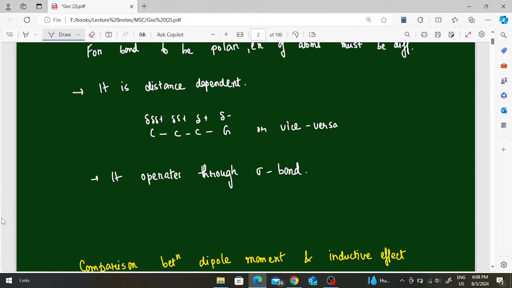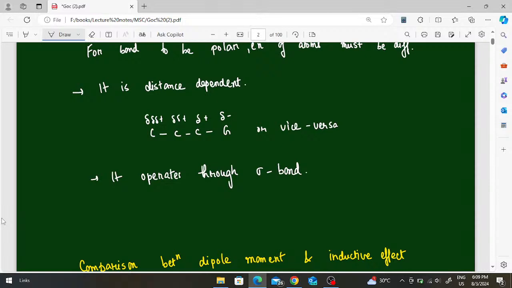Now inductive effect is distance dependent. That means if I have a group G, and it is electronegative, the attached carbon will have some delta positive charge, and this will be the highest of all, because the carbon next to it won't have that much effect on it as compared to the carbon just adjacent to the group G. So it will have a smaller delta delta positive charge, and the next one to it will have an even smaller delta delta delta positive charge.